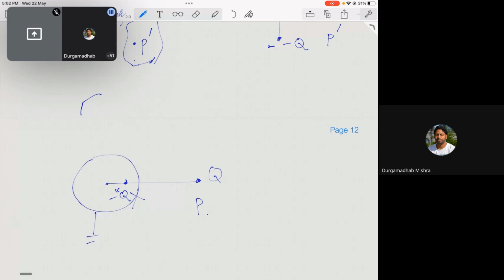So where should I place this image charge so that the potential due to this configuration, plus Q and the conductor, is equivalent? This is my origin, let's say. Charge Q is placed at some distance D. What is this distance?